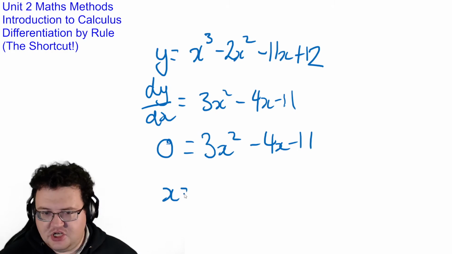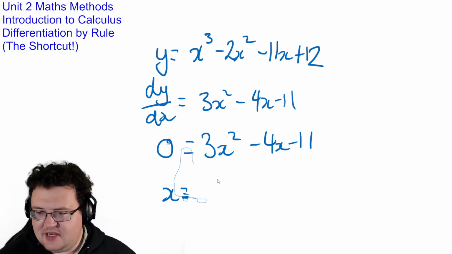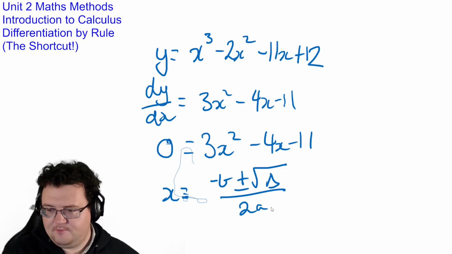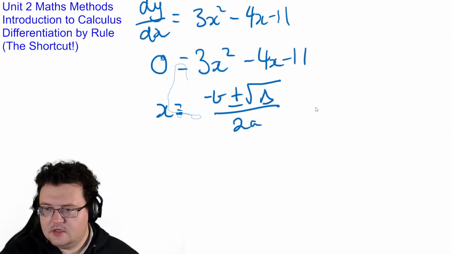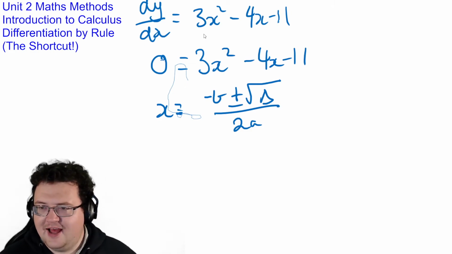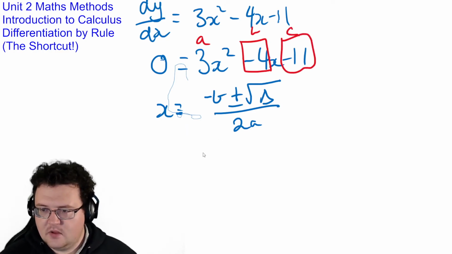So I'm not going to ask you guys to do this and type that in there because it's going to look a little messy. So it's going to be negative b plus minus the square root of delta divided by 2a. So in this case here, I have b and there's c. So it's negative of negative 4.